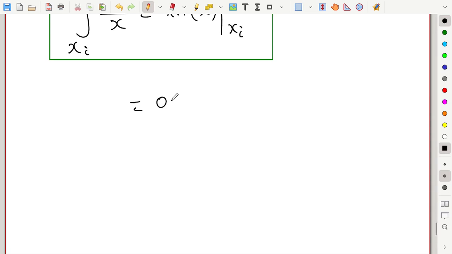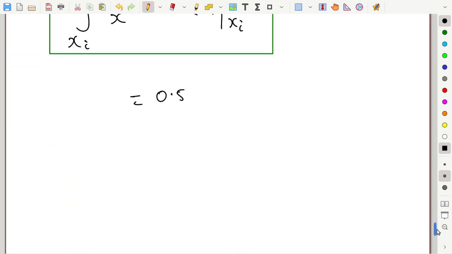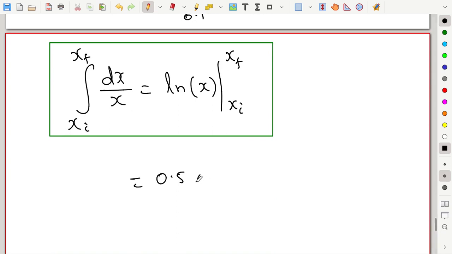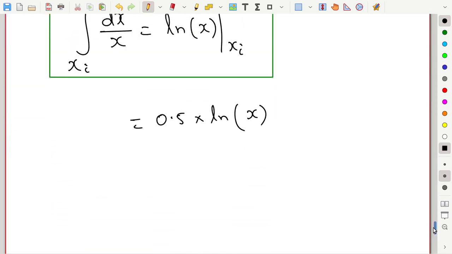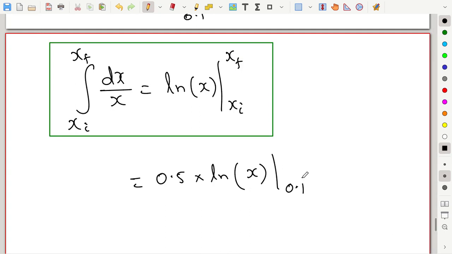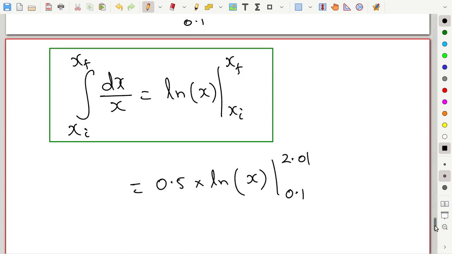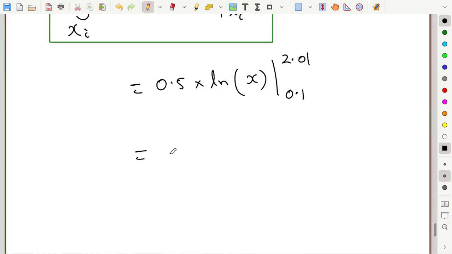So k is 0.5, and if we evaluate the integral, it's ln, the natural logarithm, which is nothing but log base e, of x between 0.1 and 2.01.